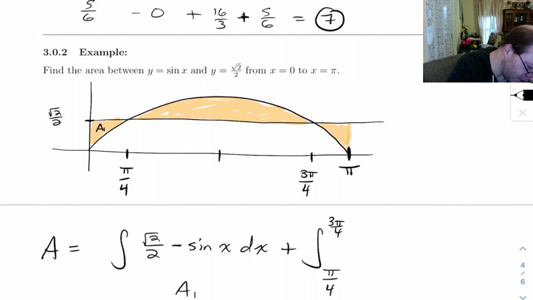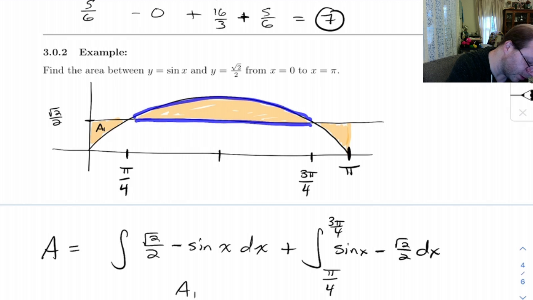That's got the sine on top. Why am I writing cosine? Sine minus root 2 over 2 dx. So it's got the sine on top and the line, root 2 over 2, right there.